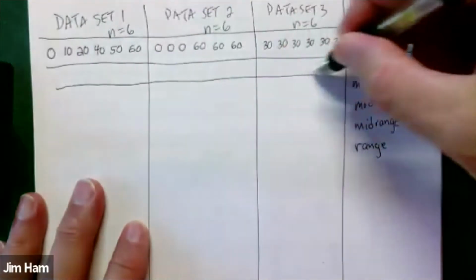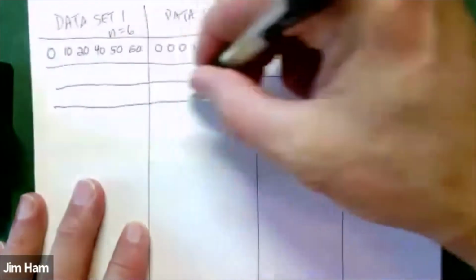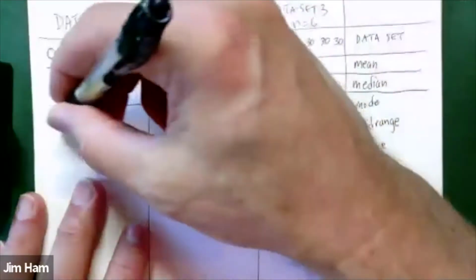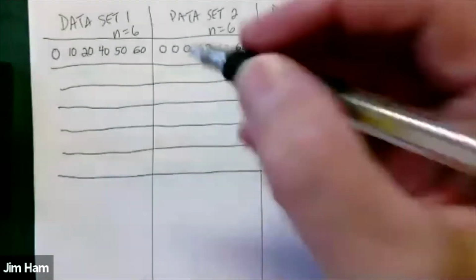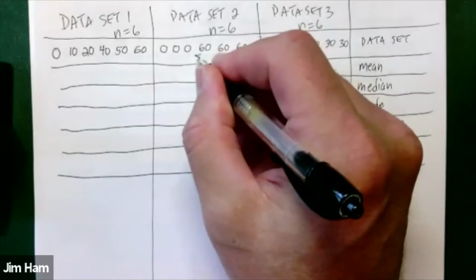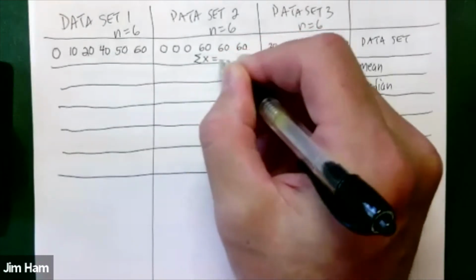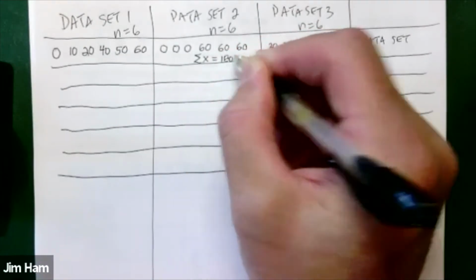Of course, the standard deviation, I'd never ask you to calculate in your head. Oh, wait a second, maybe I'll ask you to do that in a second. All right, take a couple minutes and complete this chart. I will mention that if you add up all the data values in each case, you're going to get 180.